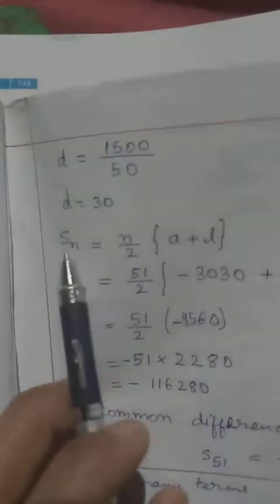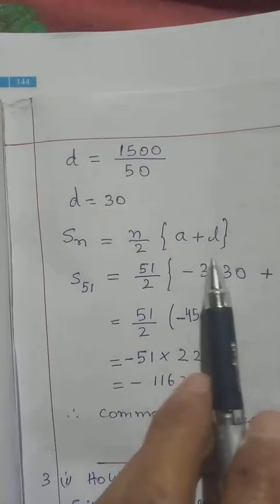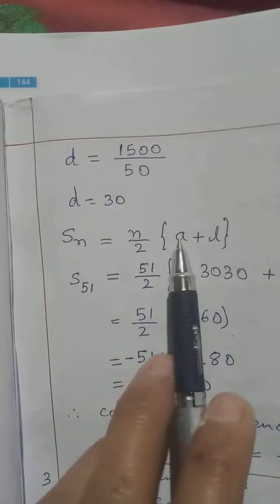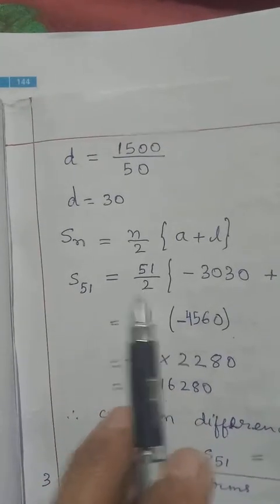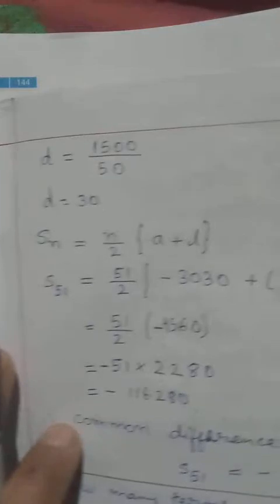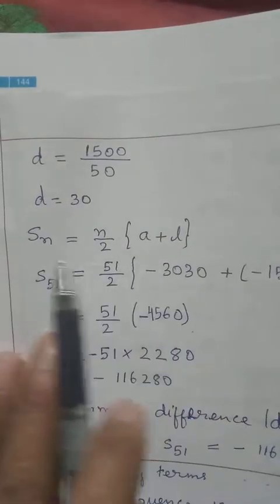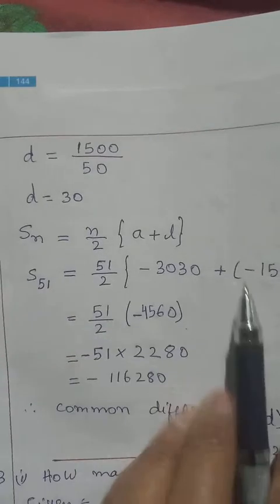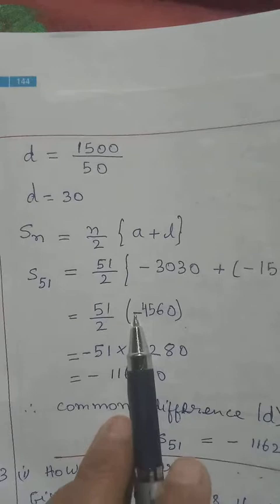Then we have to find Sn. Since we know the last term, we can use the next formula, that is n by 2 (A plus L). n we know is 51, so we replace n with 51. A we know this much, then L is also already known. Here both are minus, we have to plus, but the sign remains minus.